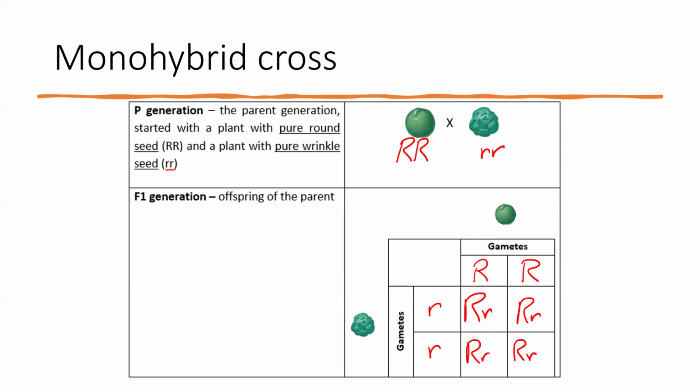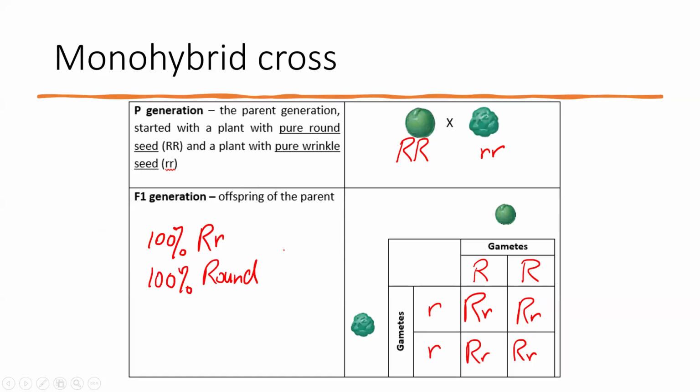What's the probability? Well, there are four outcomes, and they are all big R, small r, so it's 100% big R, small r, which means they are 100% round or wrinkle? Round, right? Very good.